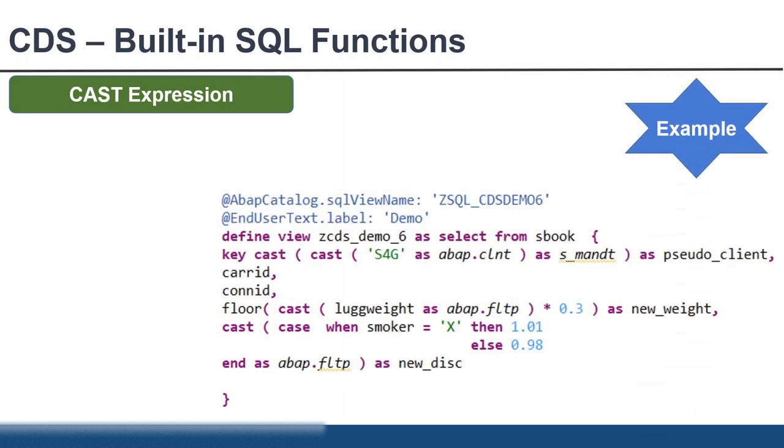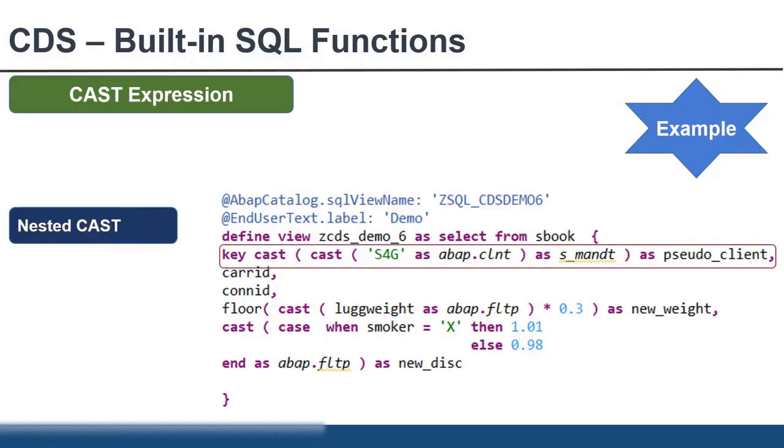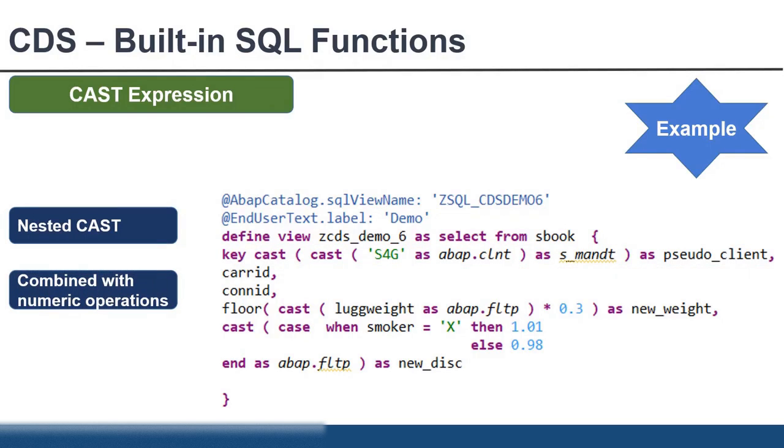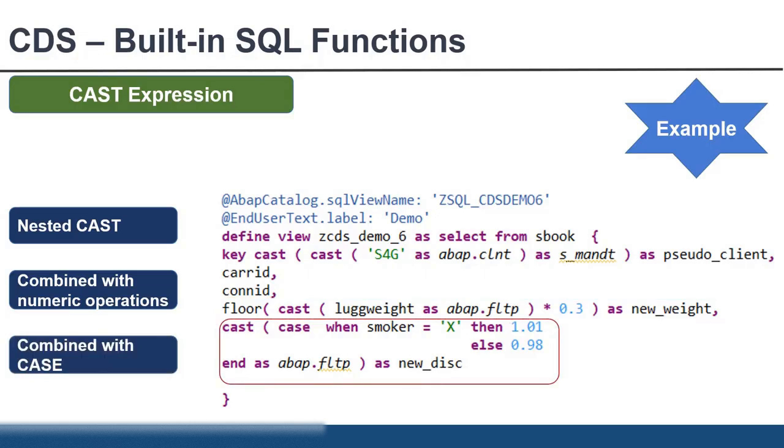Here's an example of cast expression. Basically, in this example, we have the nested cast as well as the normal cast combined with numeric functions. And we can even combine this with case statement.